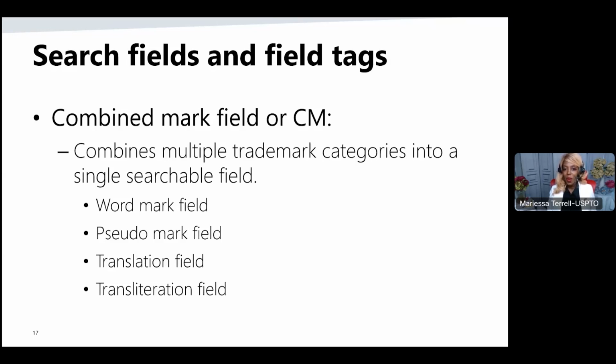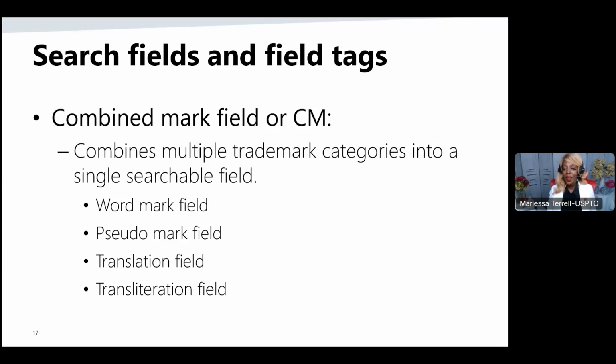Well, for some words, the USPTO has added a pseudo mark to the search data to help users identify marks relevant to their search term. In other words, if an owner submits an application seeking to register a term that is intentionally misspelled, our staff is going to flag it and they are going to add the correct spelling to the pseudo mark field.